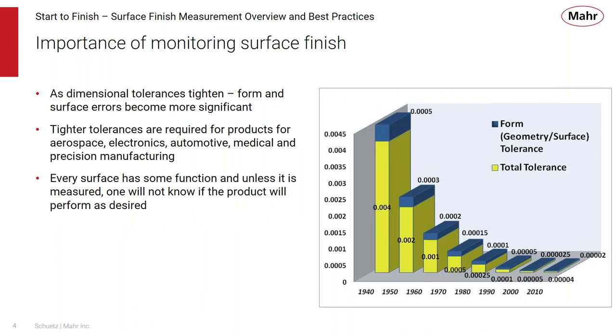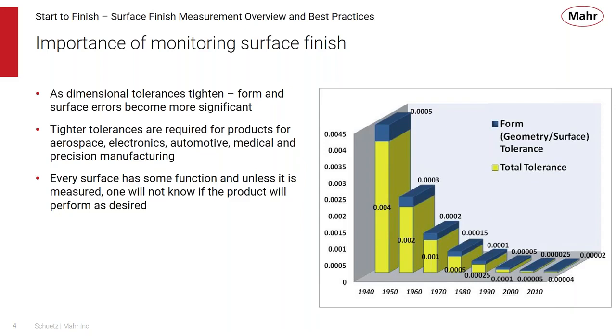As dimensional tolerances have tightened, form and surface finish errors have become more significant. So you can see this chart on the right here that represents tolerances from the 1940s all the way through today, and tolerances have shrunk a lot over that time. Mostly because of aerospace applications, automotive, medical, electronics, and even precision machining.